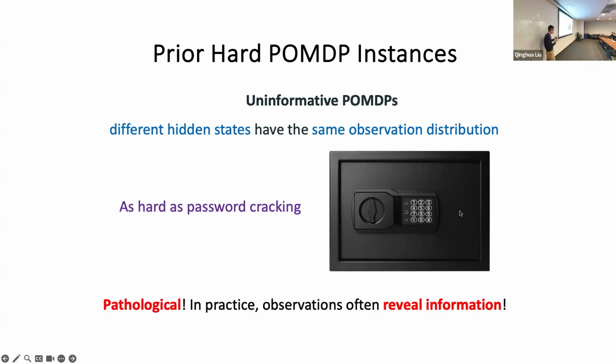But if we think carefully about those examples, we would find that they are actually highly pathological. So in practice, we rarely expect any algorithm to be able to break one password. And also, our observations in those tasks often reveal a rich amount of information about the surrounding environment of the system.